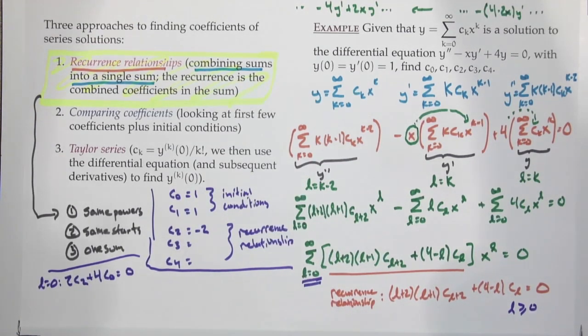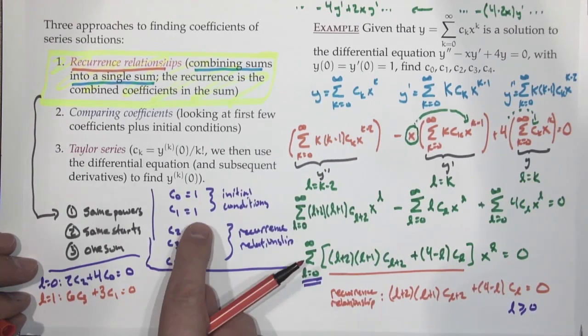All right, well, what happens next? Well, no surprise, we go to the next number, L equals 1. 1 plus 2 is 3. 1 plus 1 is 2. So that 3 times 2 is 6, C3. 4 minus 1 is 3, C1 equals 0.